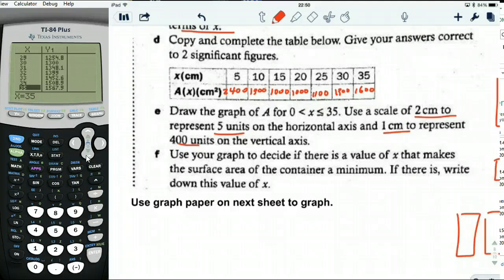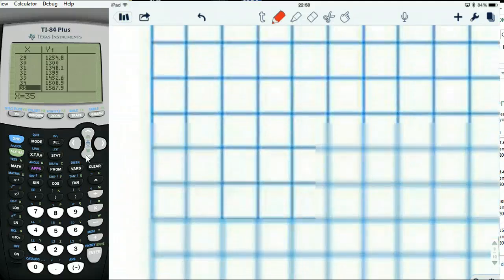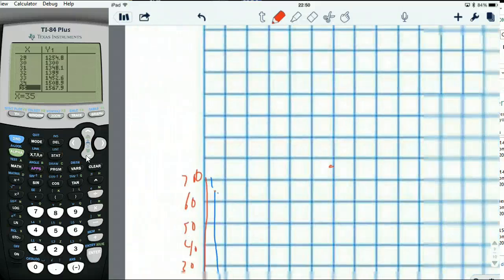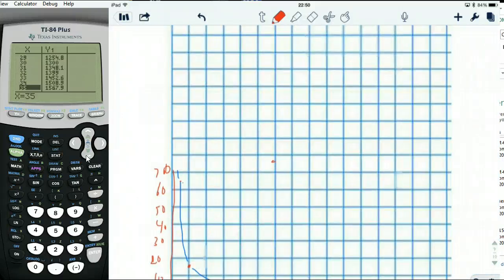So every square is going to be 400 on the vertical, and every square is going to be 2.5 on the horizontal. Every 2 is going to be 5 on the horizontal, and on the vertical, every 1 is going to be 400.